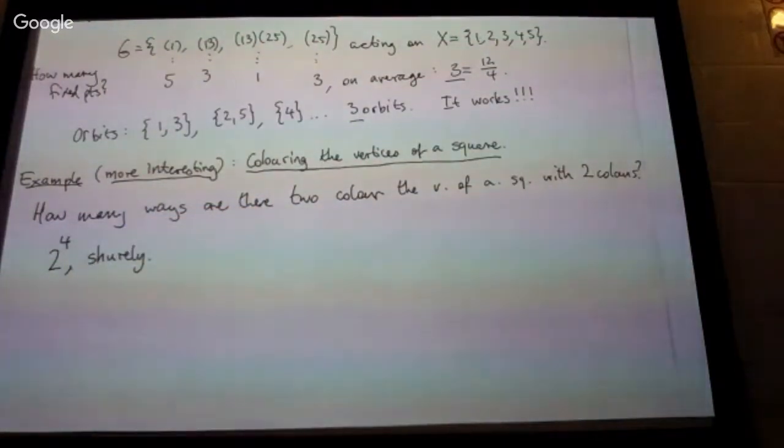So there must be 16 ways to color it. Because of the rotations, some are the same.